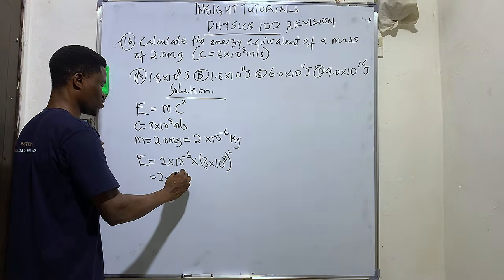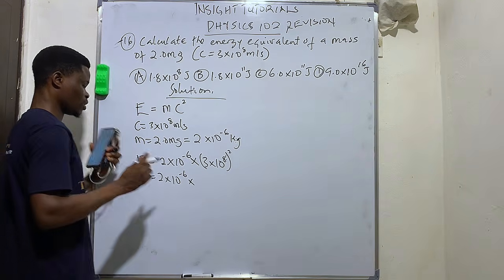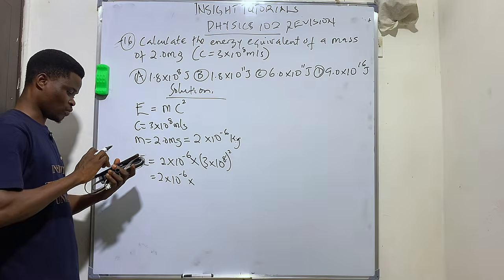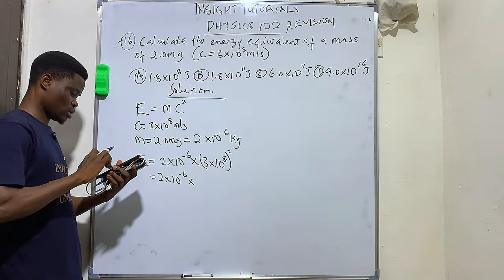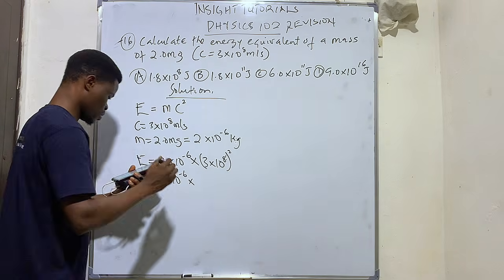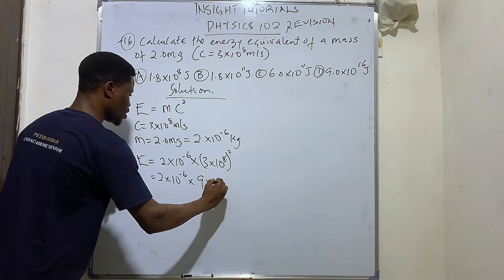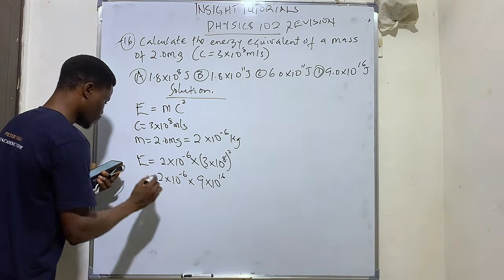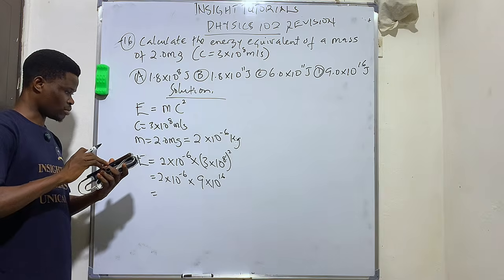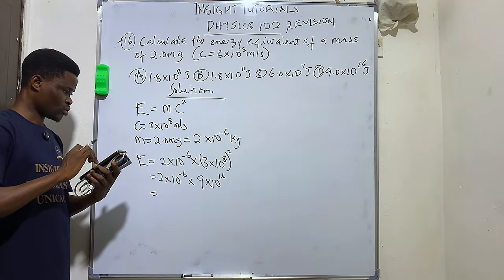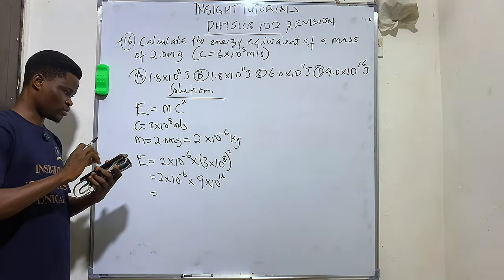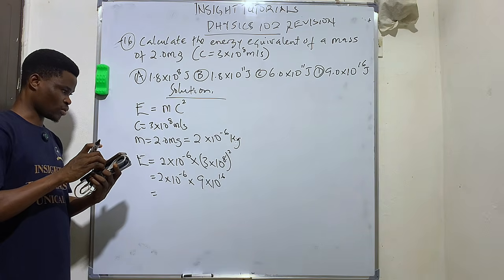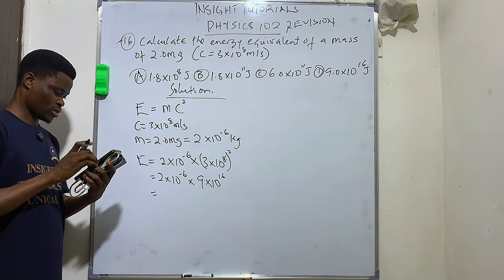This is 2 times 10 to the power of negative 6 times 3 times 10 raised to the power of 8 squared. It's 9 times 10 raised to the power of positive 16. And then let's do 2 times 10 raised to the power of negative 6 times 9 times 10 raised to the power of positive 16.